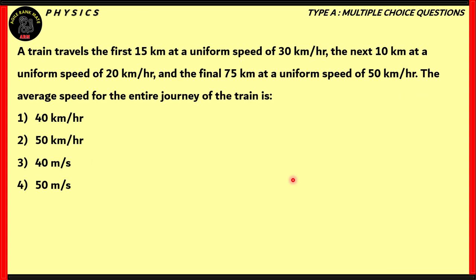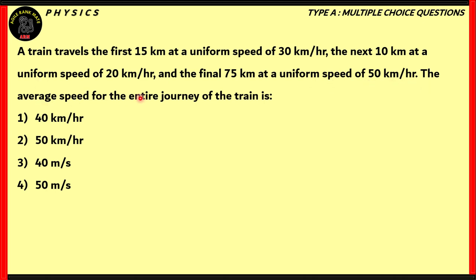A train travels the first 15 kilometers at a uniform speed of 30 kilometers per hour, the next 10 kilometers at a uniform speed of 20 kilometers per hour, and the final 75 kilometers at a uniform speed of 50 kilometers per hour.